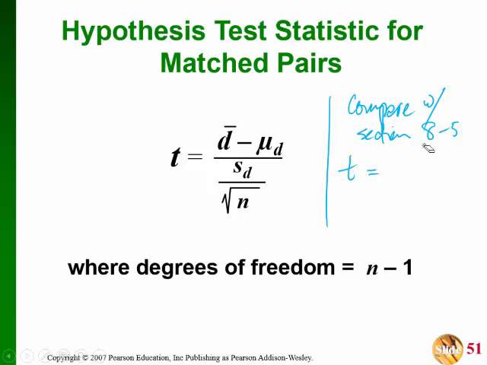It's like a t-test, except everything in here is going to be the same except for the notation. So x bar minus mu sub x bar divided by s divided by square root of n. So really the same thing, right? Except d bar instead of x bar, mu sub d instead of mu sub x bar, s sub d instead of s. You know, it's the same thing.